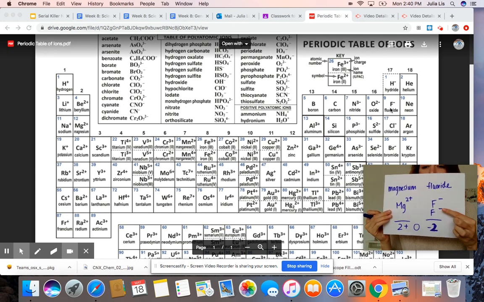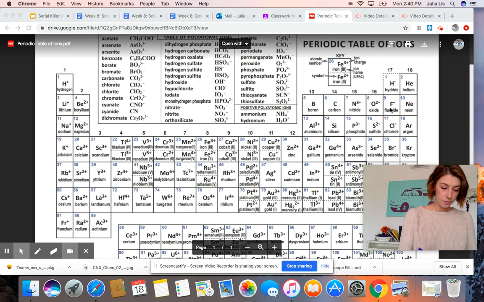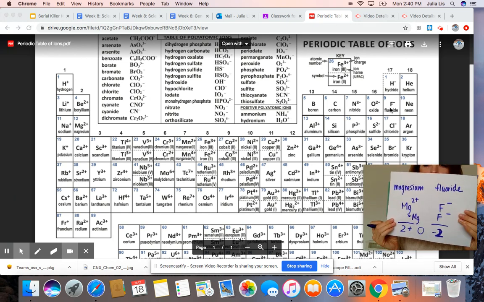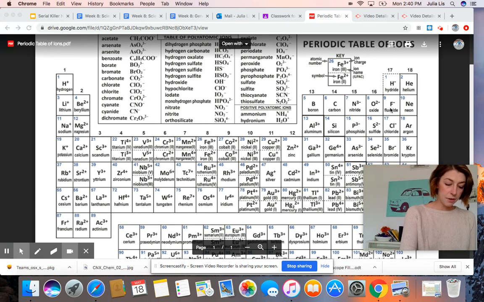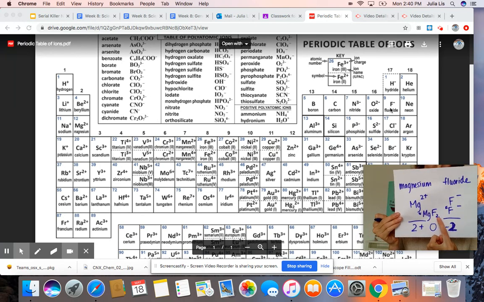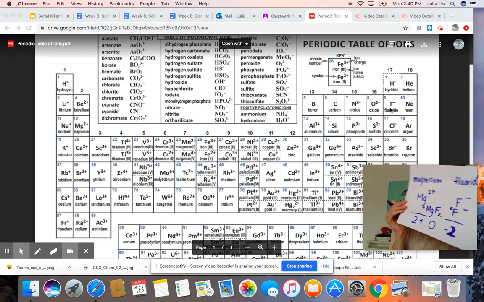Okay, so now you can bring these 2 together and tell me how much you have of each. I'll try and put it on this page. 1 magnesium, just 1, so I just write Mg, and you actually have 2 fluorine. So you're going to write the symbol and then a subscript 2, right there. Okay?